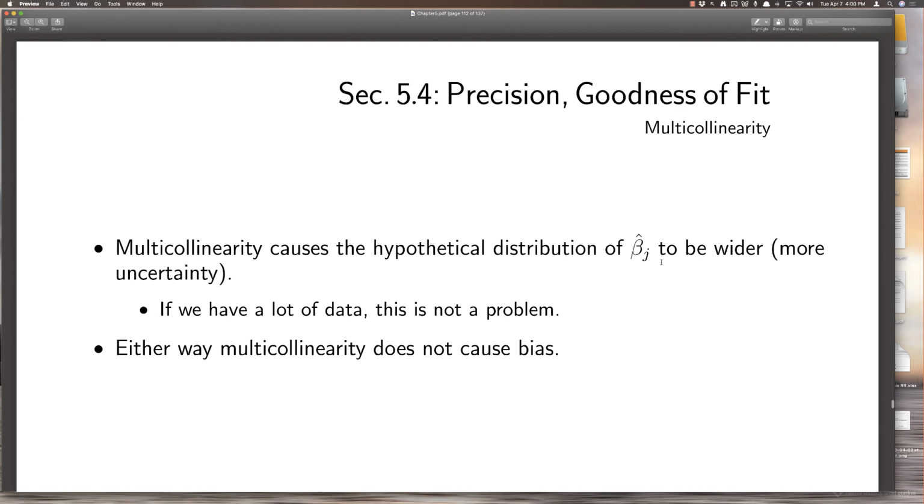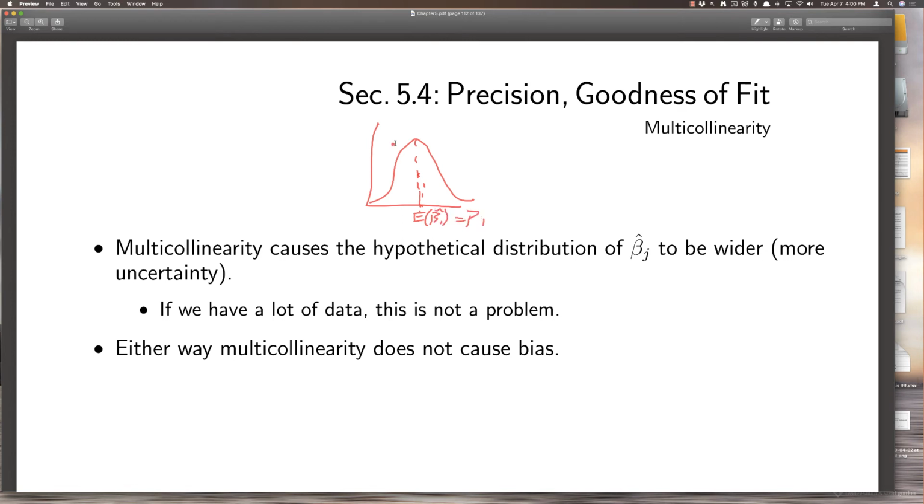It causes the hypothetical distribution to be wide. If we have a lot of data, that might not be too big of a problem as long as it's not perfect. But multicollinearity doesn't cause bias, right? It's not moving the hypothetical distribution around, right? If we're unbiased, the expectation of beta 1 hat equals beta 1.